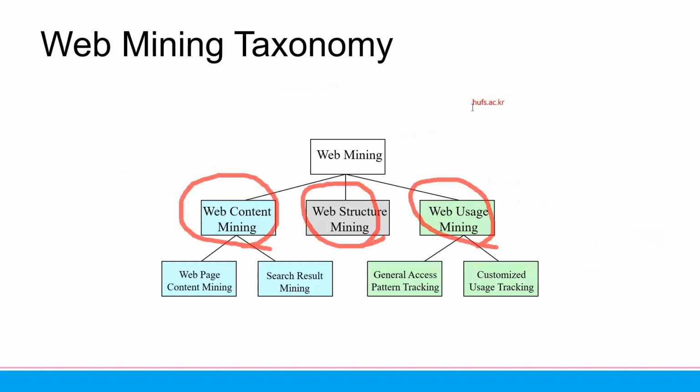You can log in, or search about the department, or the academic calendar, or the school profile, and etc. So they have the web structure. We can also mine that kind of structure.